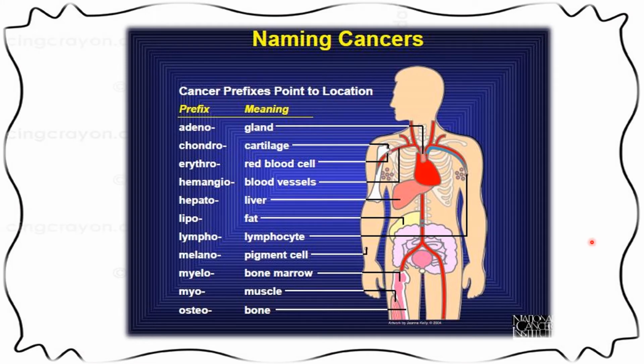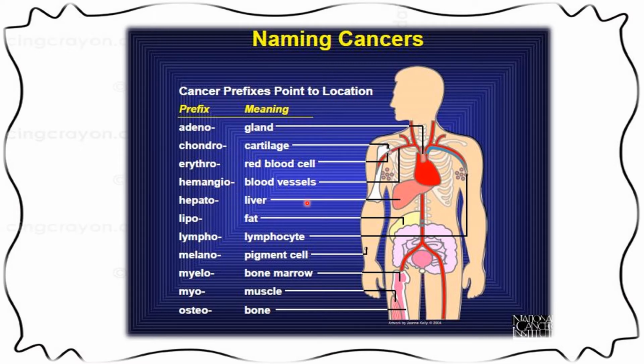There are different types of cancers, and naming cancers depends on their location. So those are the cancer prefixes that point to location. Those are the prefixes and their meanings. When we say adeno, it refers to the gland. Chondro, meaning it could involve the cartilage. Erythro, red blood cells.